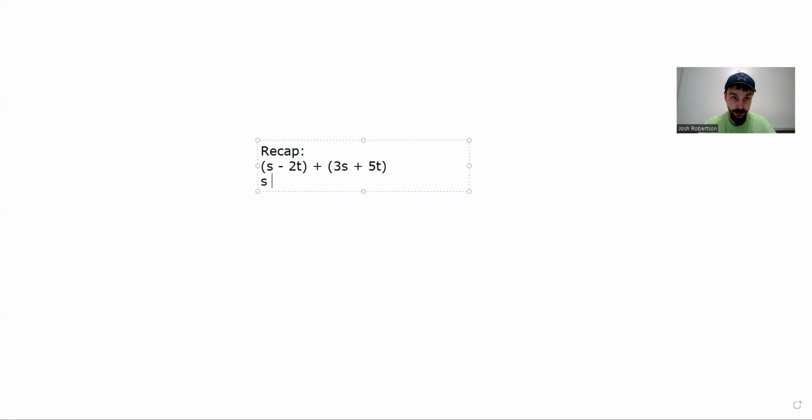So we have S minus 2T plus 3S plus 5T, right? And then all you're just doing is combining like terms. So S plus 3S, that's 1 plus 3, which is 4S. Negative 2T plus 5T, that's just going to be 5 minus 2, which is plus 3T, right? Easy enough.